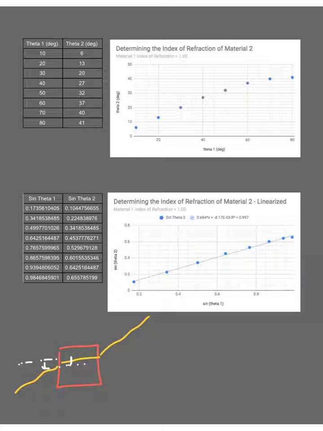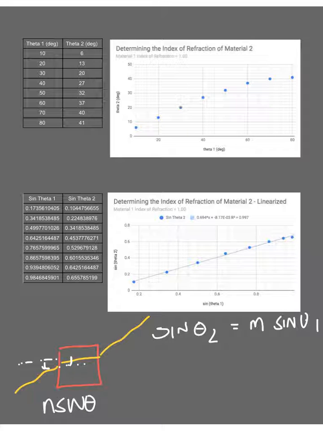Now, if we write that equation out, what we have is sine of theta 2 equals m times sine of theta 1, right? And what we can look at is, if we understand Snell's law, which is basically n sine theta, so this would be n1 sine theta 1 equals n2 sine theta 2.